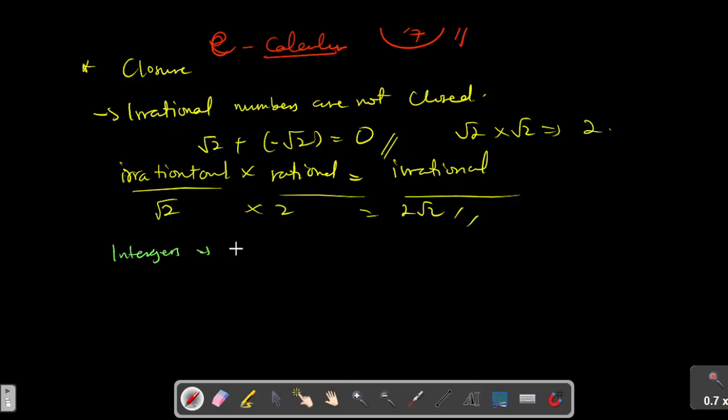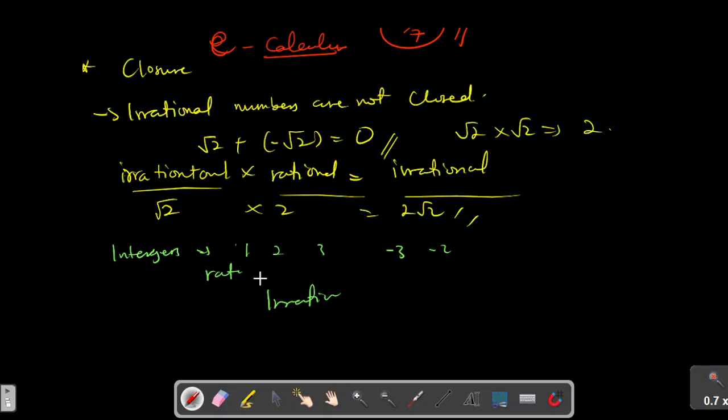We have whole numbers, they were also spaced, so that they are discrete. If I have 1, I move to 2, I move to 3. If I have integers -3, I move to -2. They were not in between, they were just spaced. When you came to rational numbers, you realize that in between these two we can have fractions and all that. But irrational numbers fill the rest of the gaps.